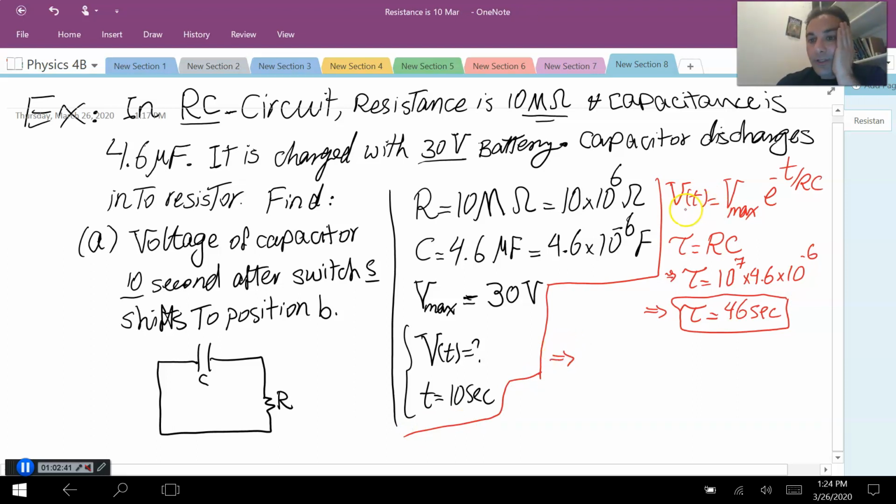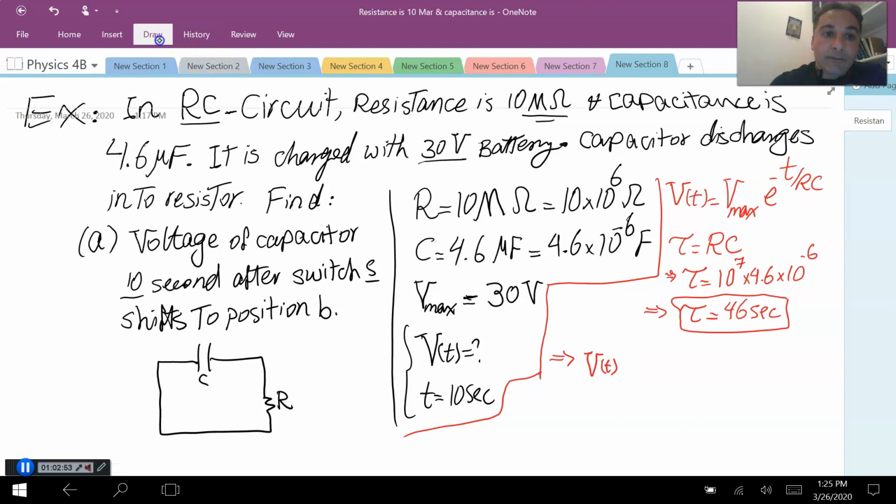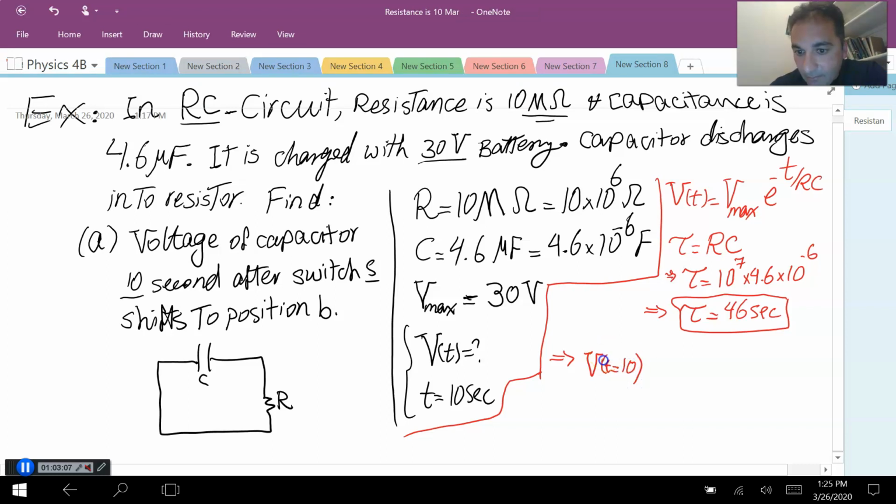Therefore, guys, let's use that equation now. They want me to find the voltage after 10 seconds. So V at t equal 10 seconds equals Vmax, instead of Vmax I'm going to substitute 30, times e to the negative.